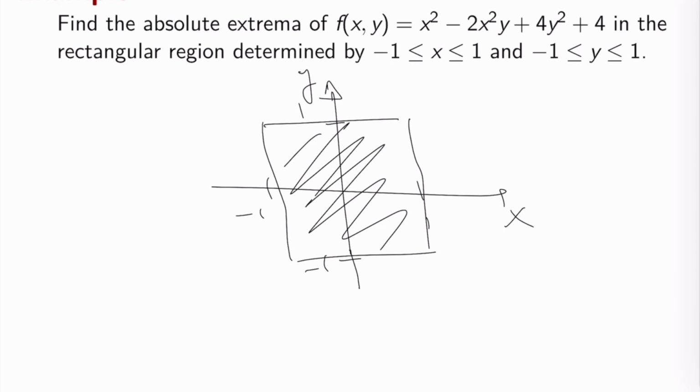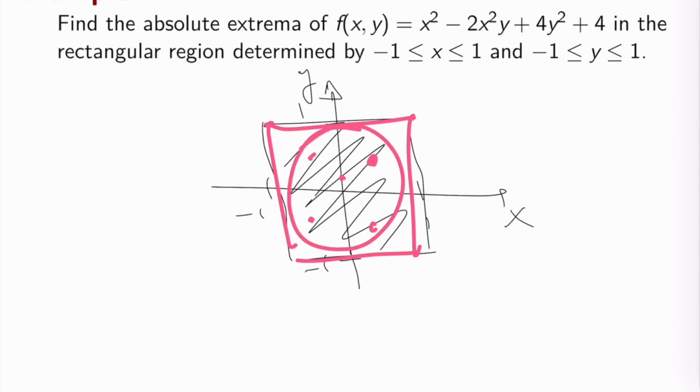So this maximum and minimum may happen in points in the interior, or it may happen in parts of the boundary. So we are going to start by calculating the critical points, and then after that we calculate what happened when we restrict the function just to the boundary.